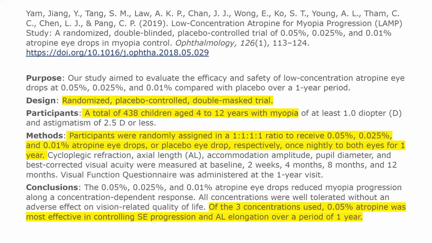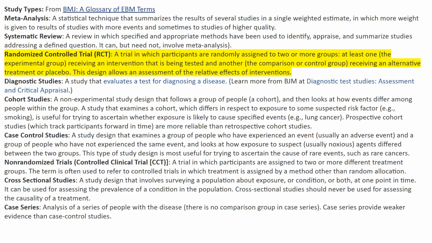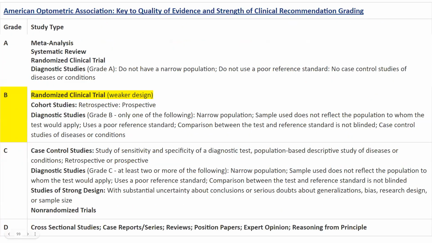The results that would be especially relevant to our question are that 0.05% was most effective in spherical elongation progression and axial length elongation over a period of 1 year. So this matches the definition of a randomized controlled trial, and we might assign it either grade A or B evidence based upon the study design when we look further into that to see how strong it is.